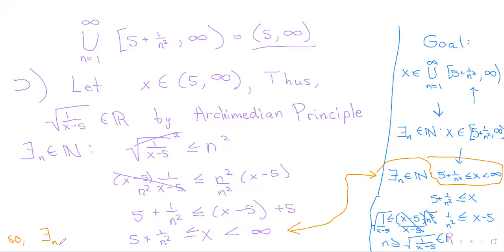There does exist an n in naturals such that this is true, such that, sorry, I hardly have any space now, x exists in this interval, 5 plus 1 over n squared to infinity.